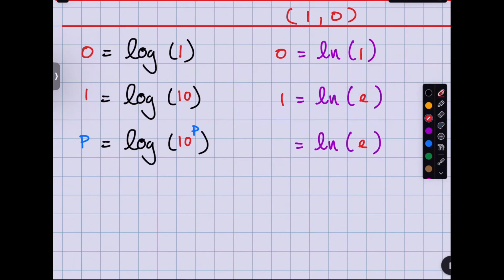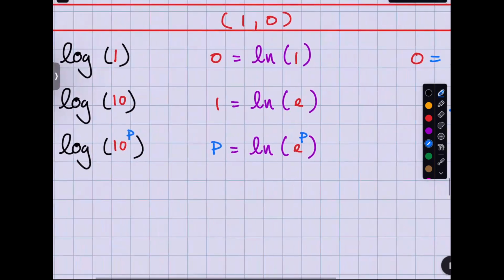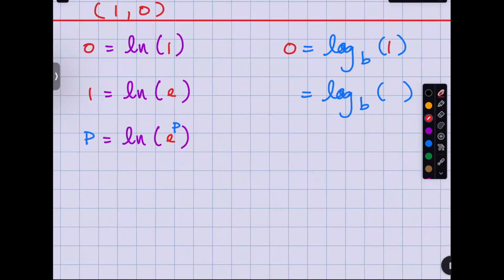So if I did ln of e raised to the p power, I'll get p, because the bases are the same. They cancel each other out. Okay. Log base b of what gives me 1? B.